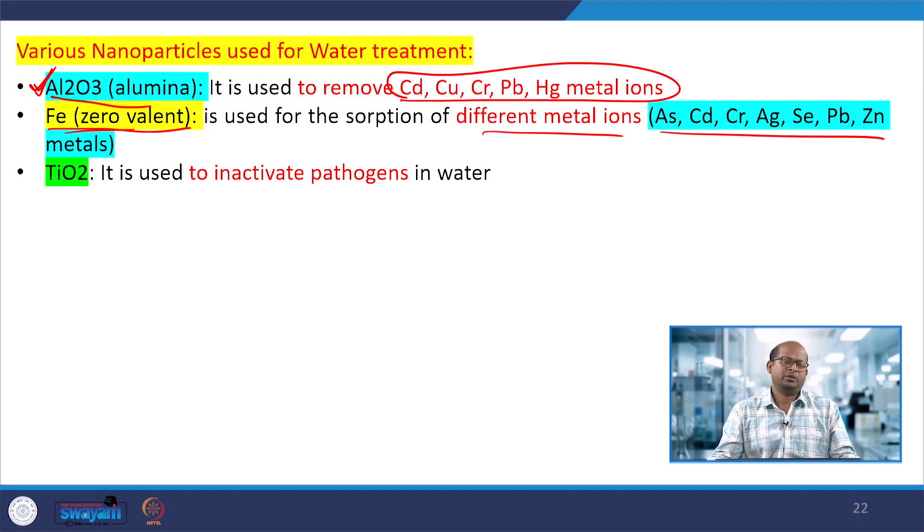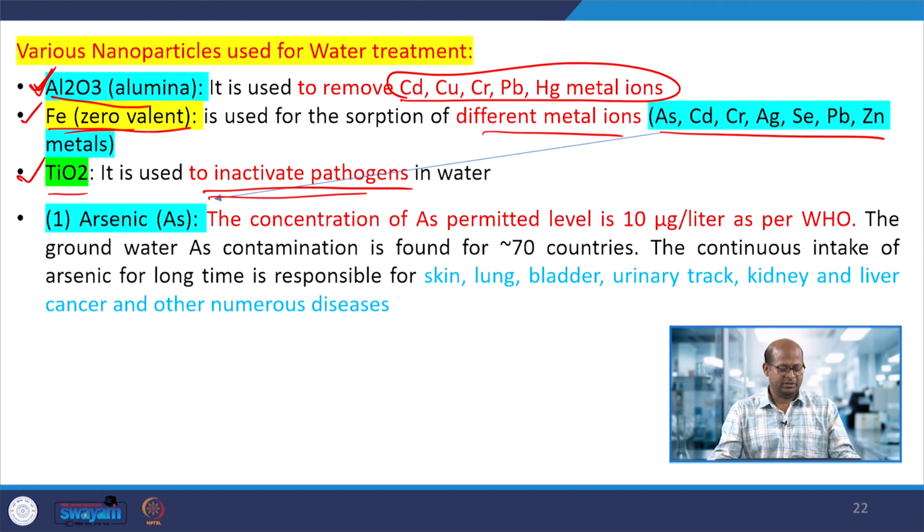With the help of zero valent iron we can separate them out. Similarly, titania can also be used to inactivate different types of pathogens, bacteria and viruses present in water, by killing them.